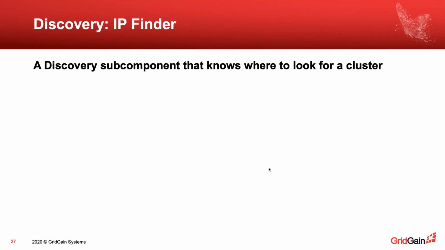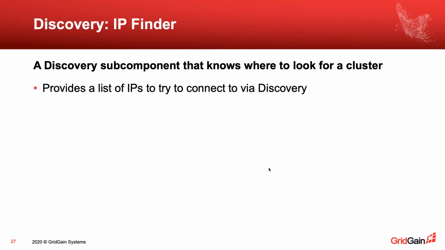So how Apache Ignite implements this is primarily with a little component called IP Finder. IP Finder is a part of the discovery subsystem, and it is what tells our nodes, servers and clients how to find a cluster to connect to. IP Finder is actually an interface with a lot of different implementations, which returns a list of IP addresses a node can try to connect to.